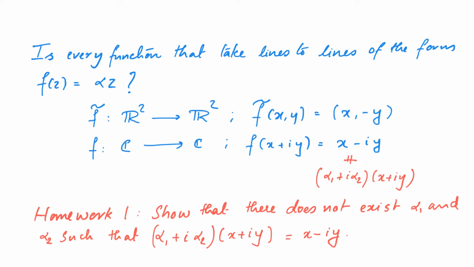Similarly, you can show that if you take any line and take the reflection with respect to that line, then this function will not be of the form f of z equal to alpha z. And actually a more general result is true. That means if we avoid reflections in some sense, which I cannot make precise at the moment, then all the other linear maps have the form f of z equal to alpha z.